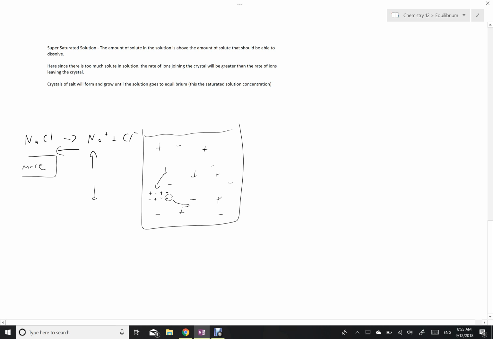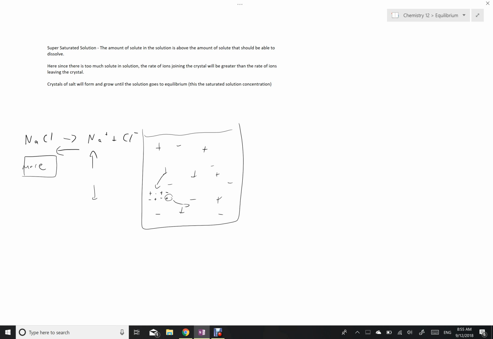The amount of undissolved crystal in the solution doesn't really matter. The fact that there is an undissolved crystal in solution is important for the ions to have a place to go and attach to, but once it's there, it doesn't really matter all that much how big it is.